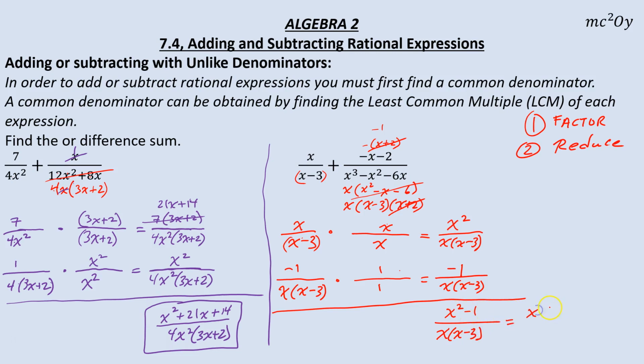So I get x plus 1 and x minus 1 over x times x minus 3. And it doesn't look like anything works out there. Nothing you can factor. So I think we are done there.